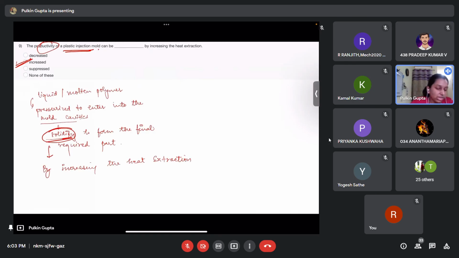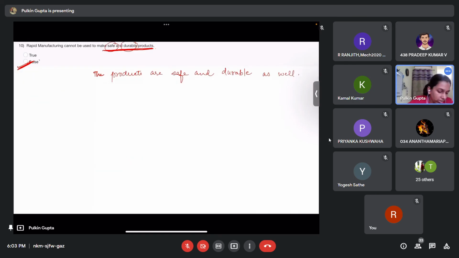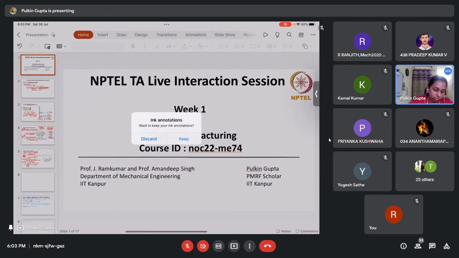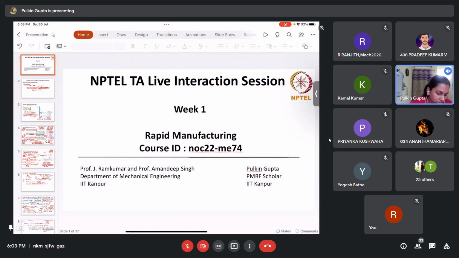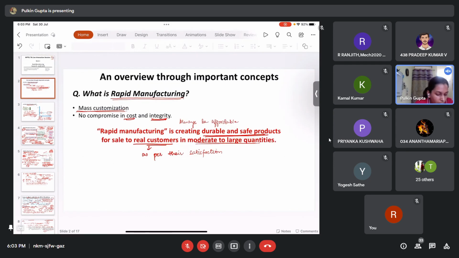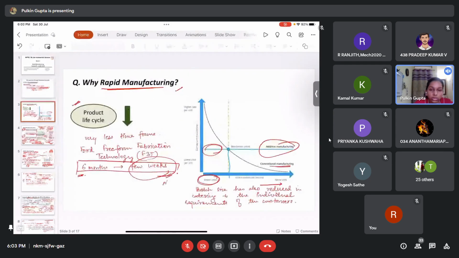So these were some of the sample problems for the week 1 lectures. Today we discussed what rapid manufacturing actually is and why it is becoming important nowadays, because of the reduction in product life cycle and meeting the requirements of customers in a more specific way rather than a generalized or average way.